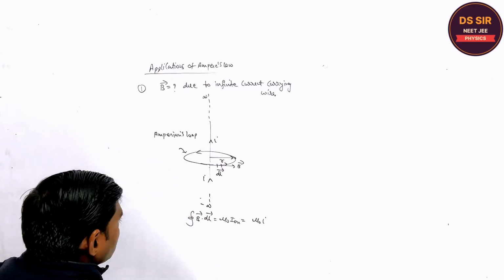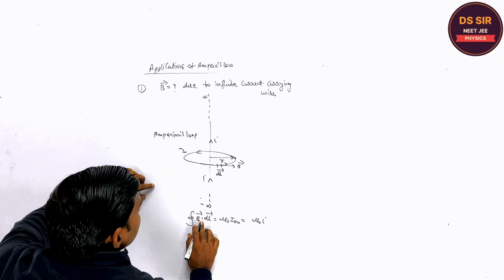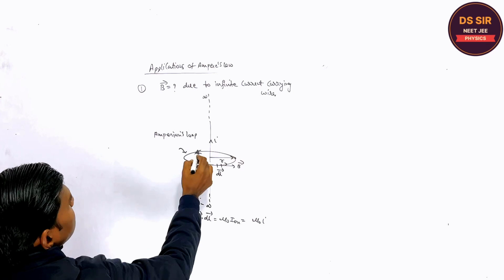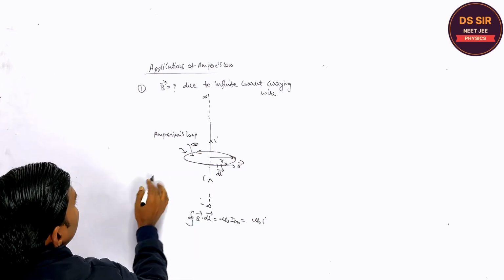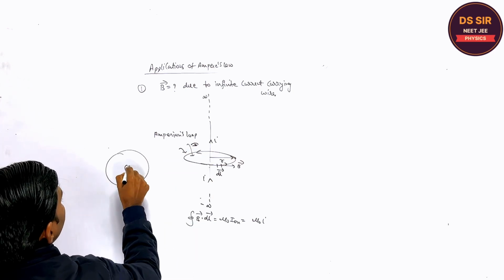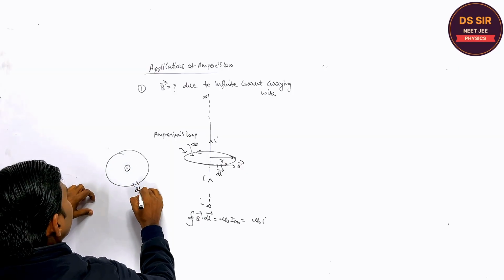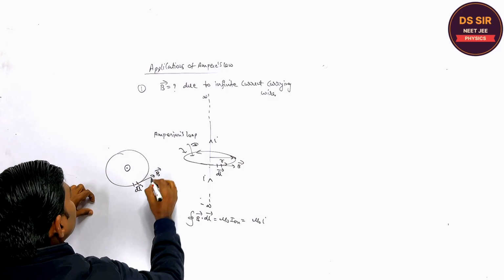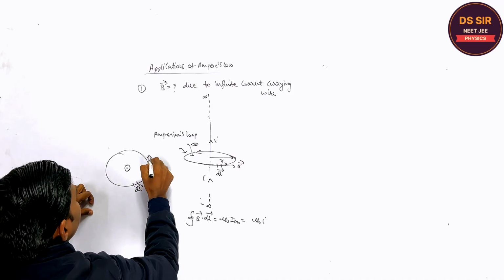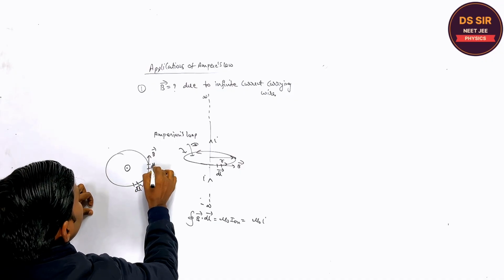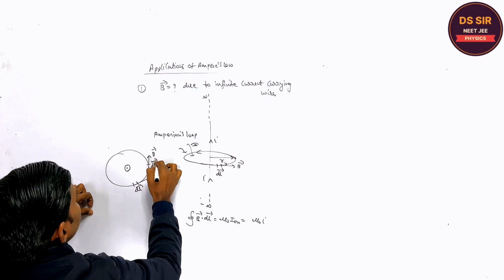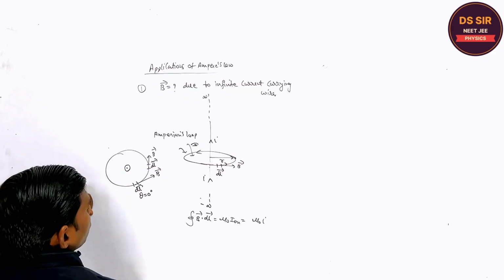If you consider what is the angle between B and dl, if you see the top view, this is the Amperian loop and the current I is coming out of the page, and if this is the dl vector, this is the B vector. So every time, B and dl are in the same direction. So what is the angle between them? It is 0.